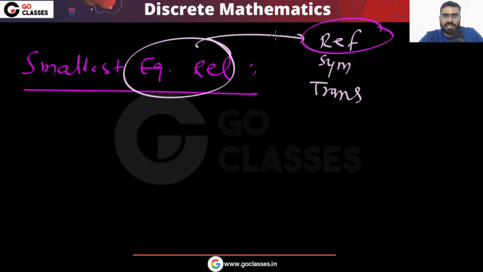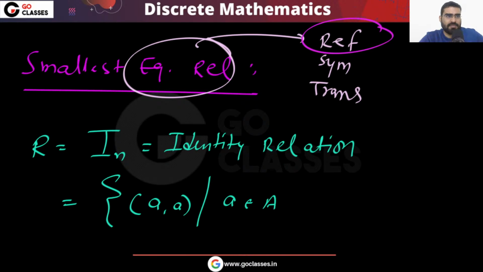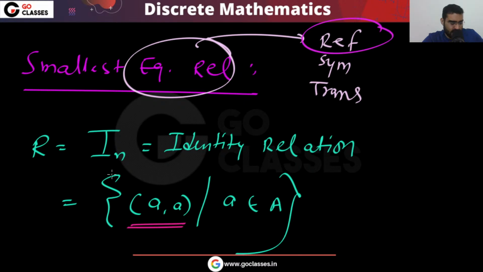Because it must be reflexive, the smallest equivalence relation will be the identity relation. Identity relation means the relation of pairs (a, a), where a belongs to the base set. Every element is related to only itself. So very simple, this is your identity relation.